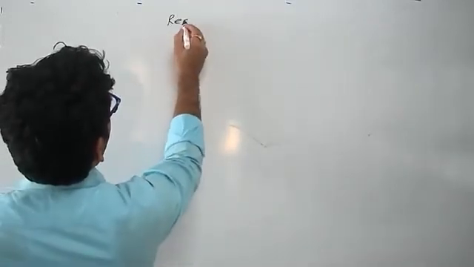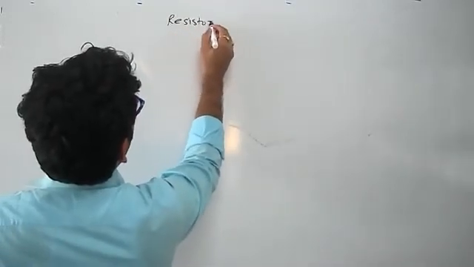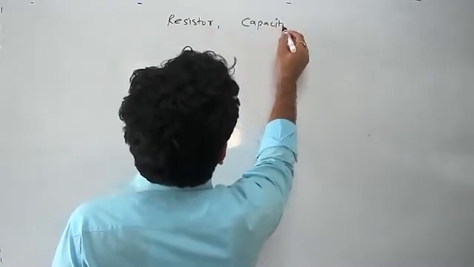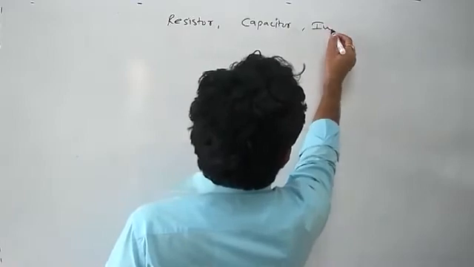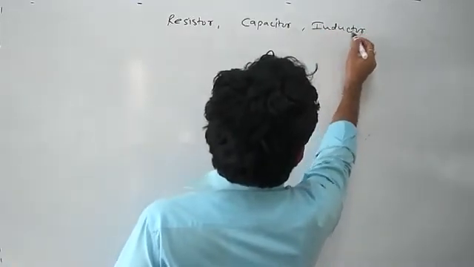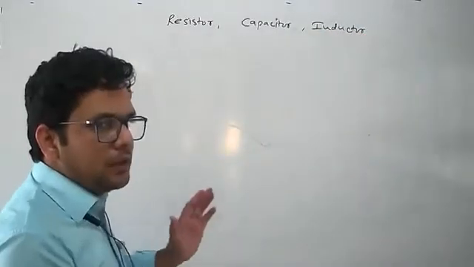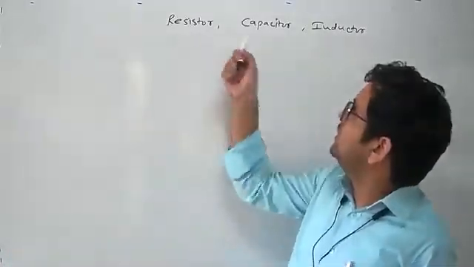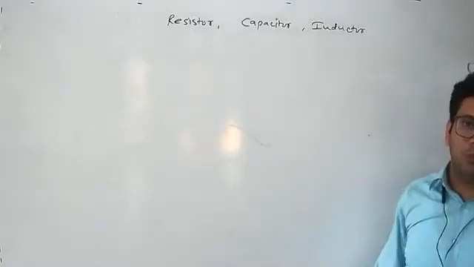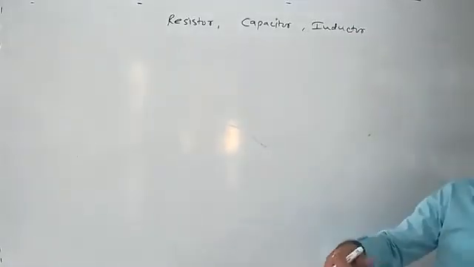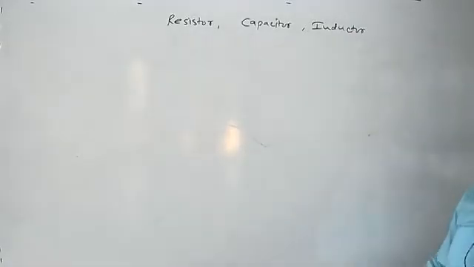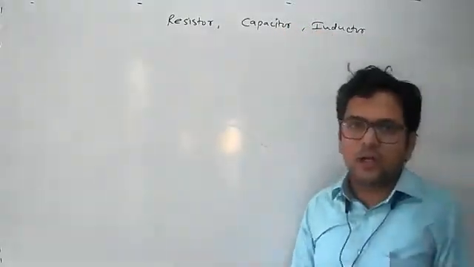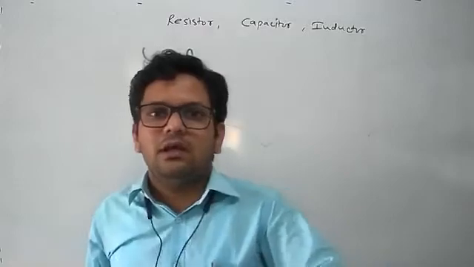First one is your resistor, second one is capacitor, and third one is the inductor. So you should know what the relationship between voltage and current is for these 3 basic components, which are the fundamental operating components available in any electrical circuit.